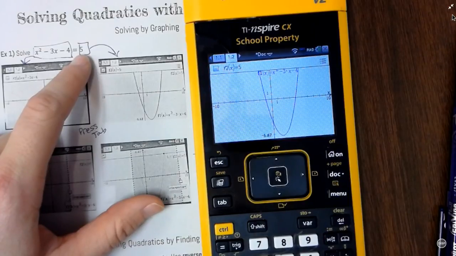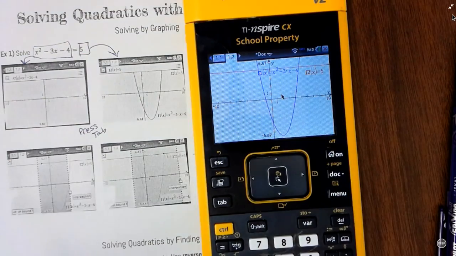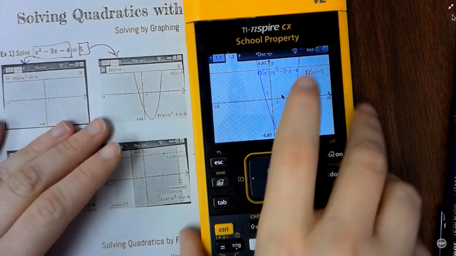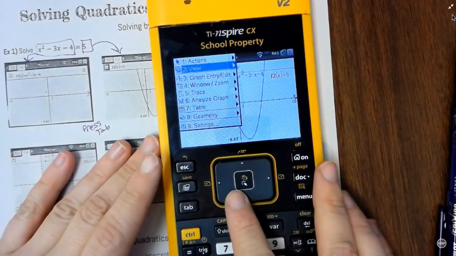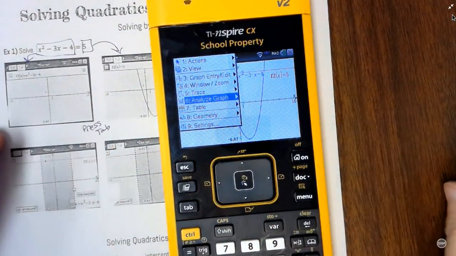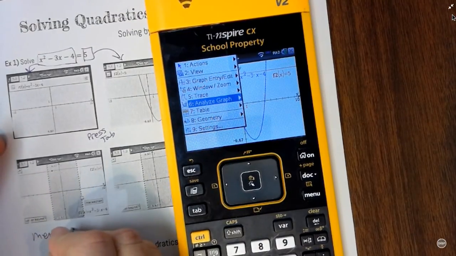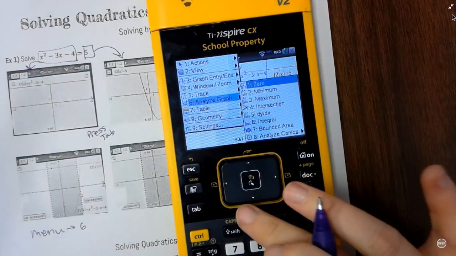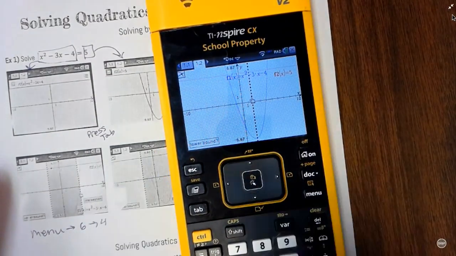So press 5, press enter. My two solutions are going to be those two intersection points. And the way I would recommend doing that is menu, analyze graph. So menu 6, and then intersection. So menu 6, 4.